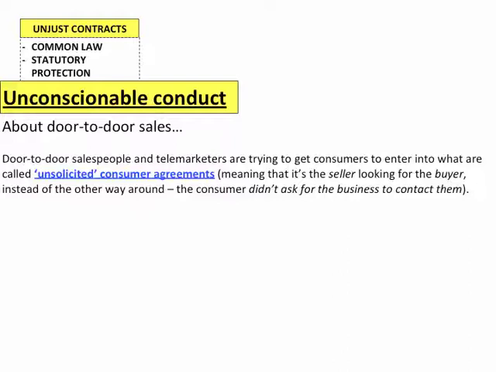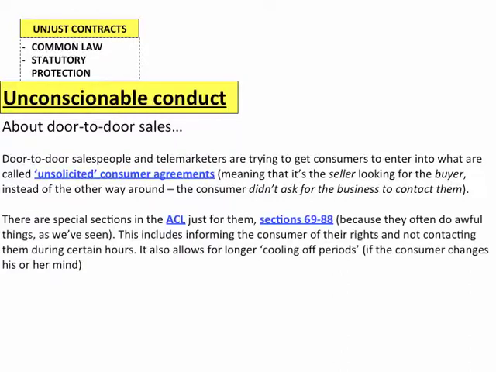And these have a special section in the ACL just for them. So sections 69 all the way to 88 are just for these types of agreements, these unsolicited consumer agreements. Why? Because these are often the very, very worst types of contracts that they see. So it includes that you have to inform the customer of their rights.